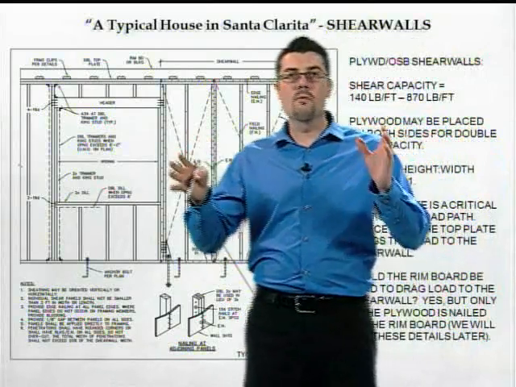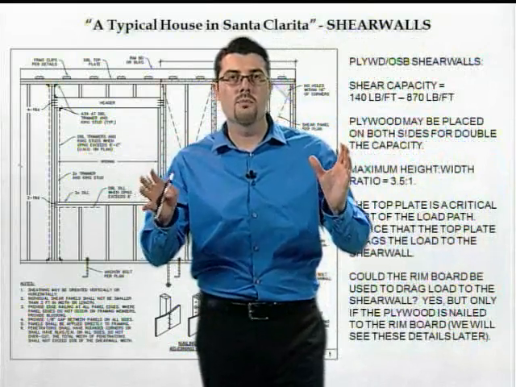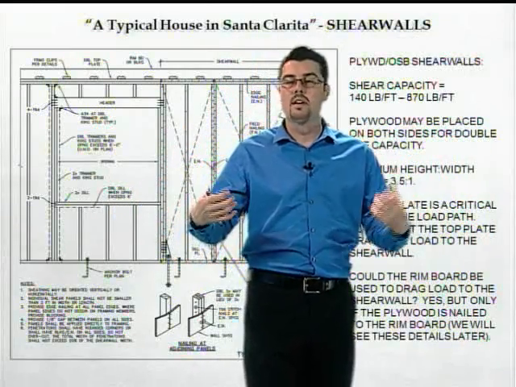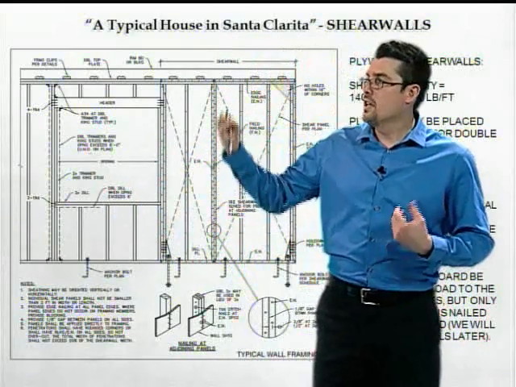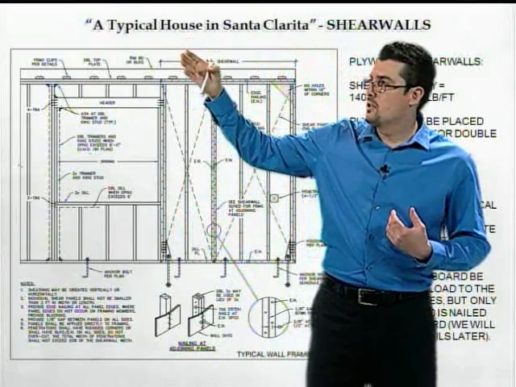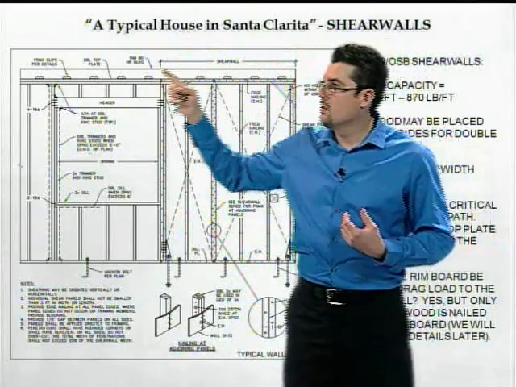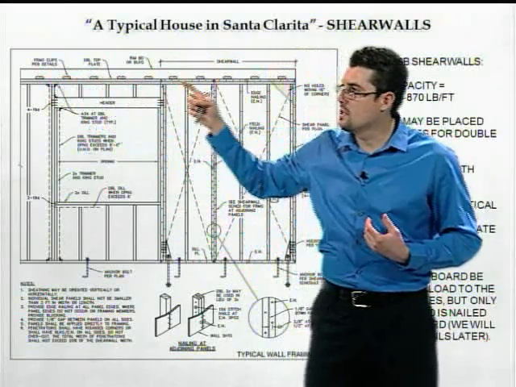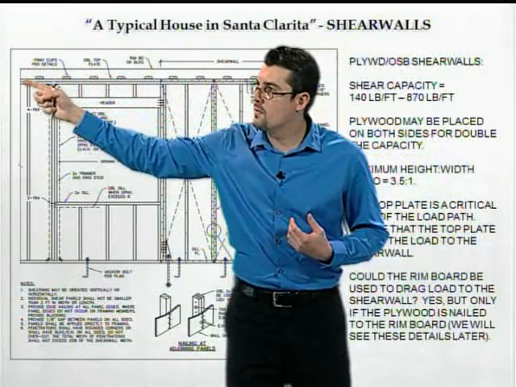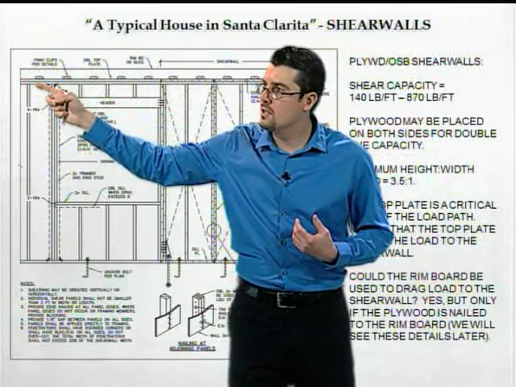Now, if you remember from part 1 of our training, we talked about structures being like a chain, what we call load path. Now, in this structure, it's no different. The force, whatever the force is above in the roof, transfers into the top plate through these connectors. So the force in the roof over here will transfer through these connectors and into the plate.